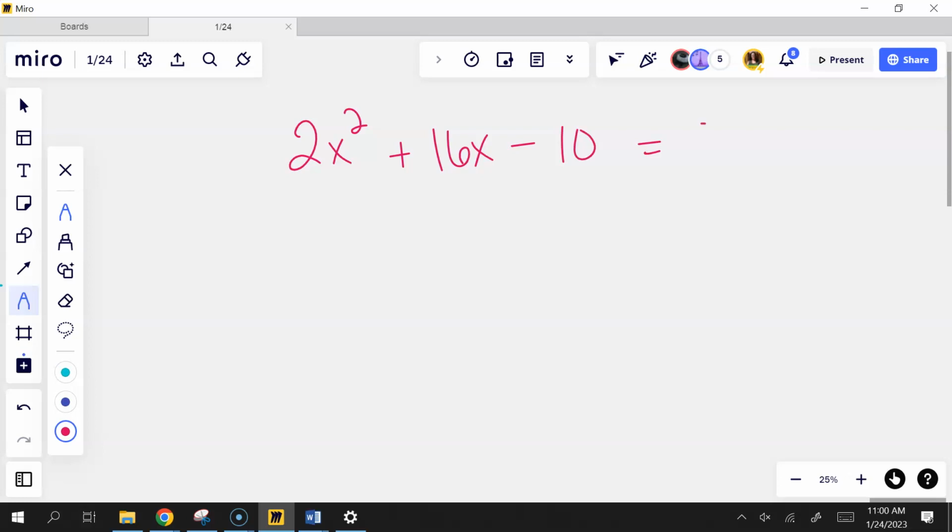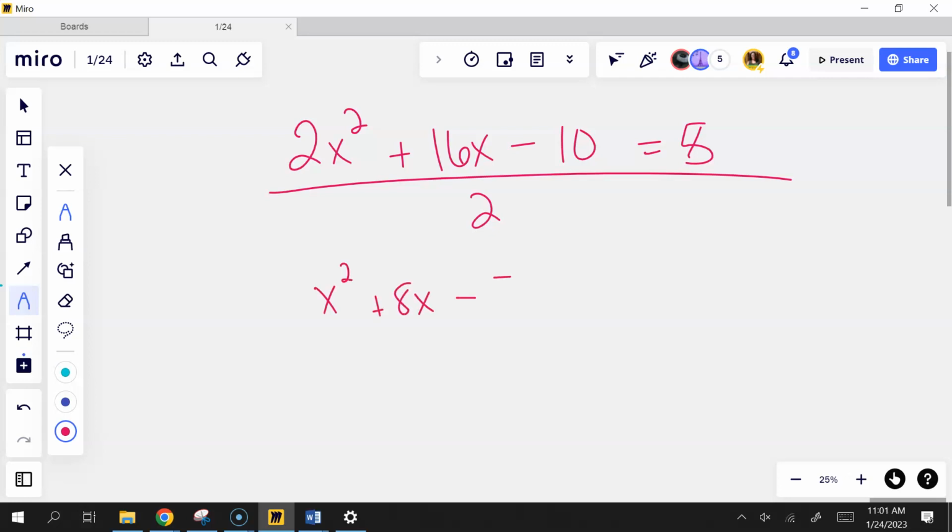It could equal 0, it could equal 5, it could equal anything. Let's make it an even number to make it easier. I'm going to divide everything by 2 before I ever start so that there's no leading coefficient. So this will be x squared plus 8x minus 5. And I would proceed. You'd have to leave a fraction in there. I won't start you out that hard to begin with.